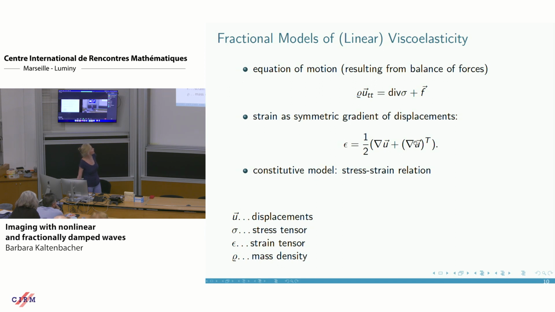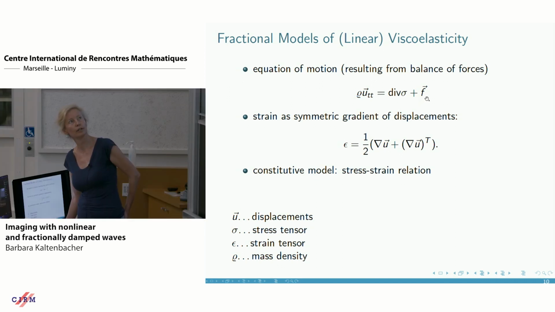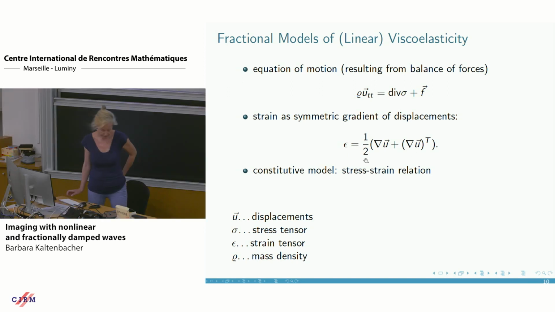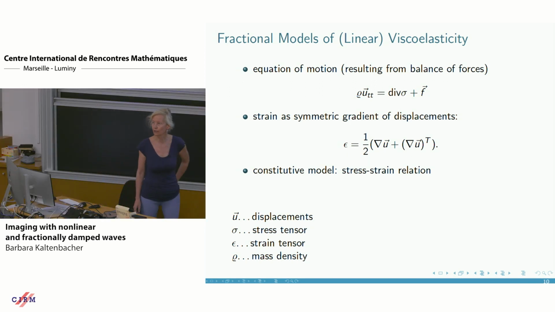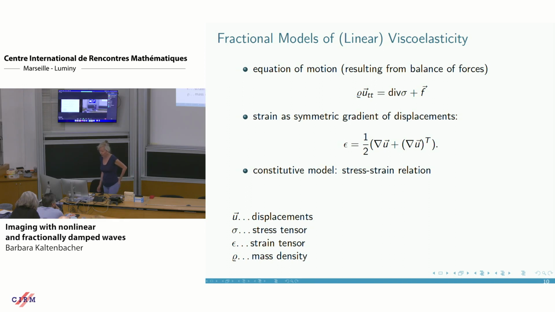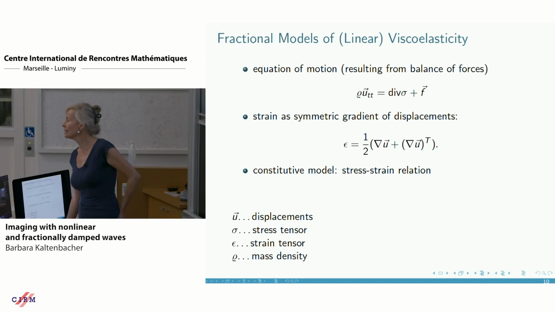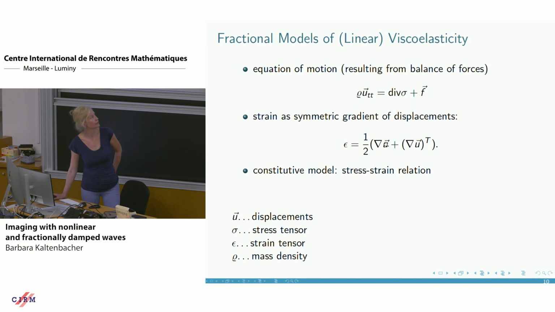Sigma is the stress tensor. And so you have this equation of motion here driven by some force, some volume force possibly. And on the other hand, you have the strain tensor, which is actually the geometrically linearized version already of the strain tensor with the symmetric gradient of the displacements. So these are inherently integer derivatives, nothing to be fractionalized here.